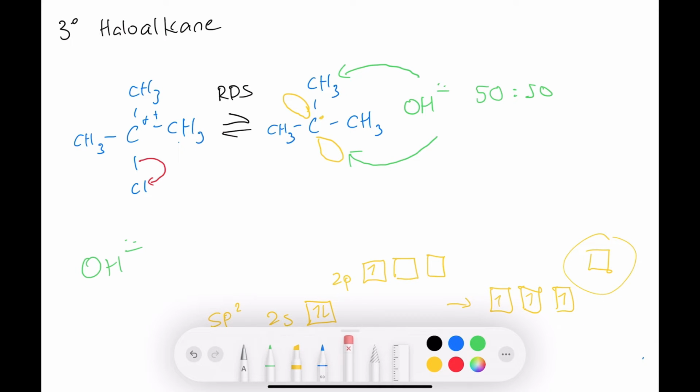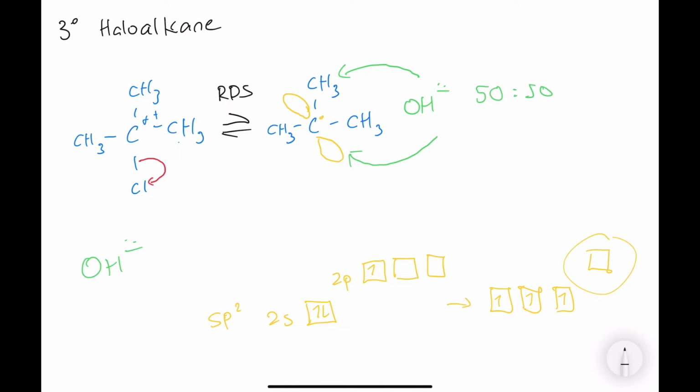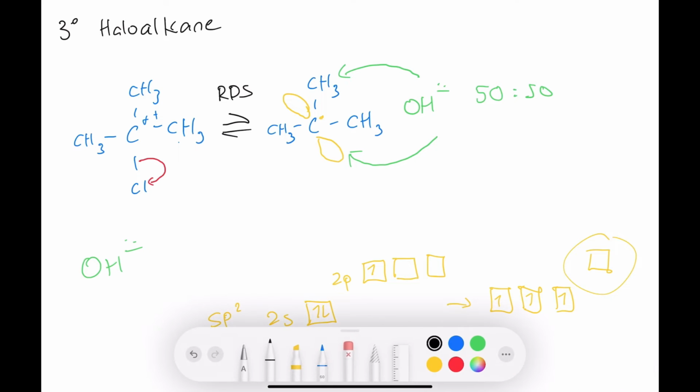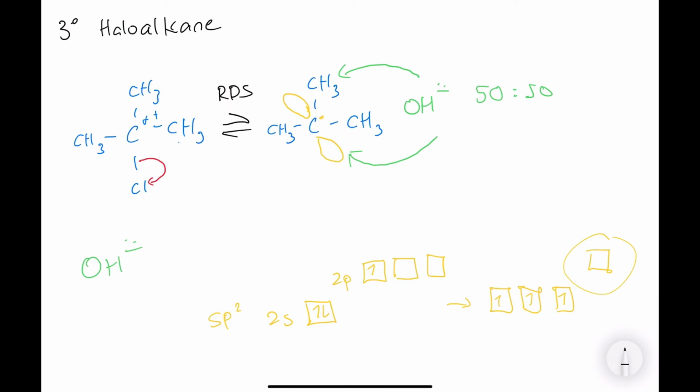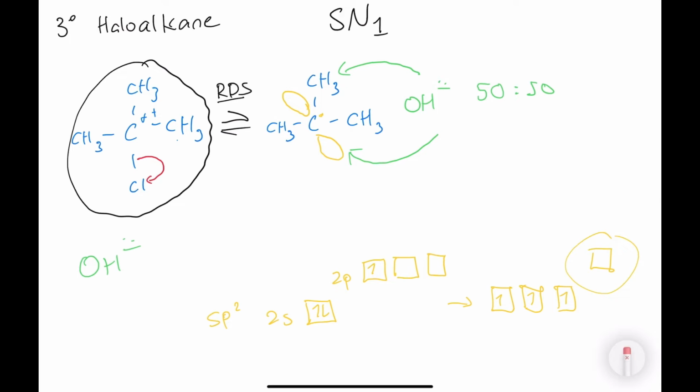So there are names for nucleophilic substitution reactions. They're actually noted with the letters SN, so like substitution of nucleophiles, I guess. And if you go back to the rate determining step, there's only one molecule involved in the rate determining step. The type of reaction is known as SN1.